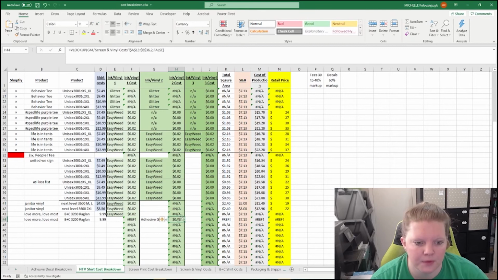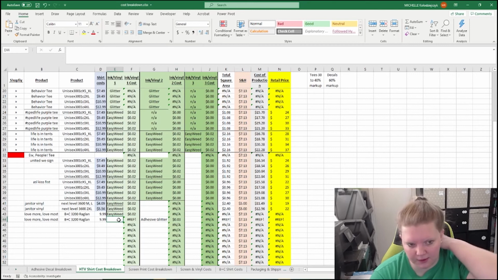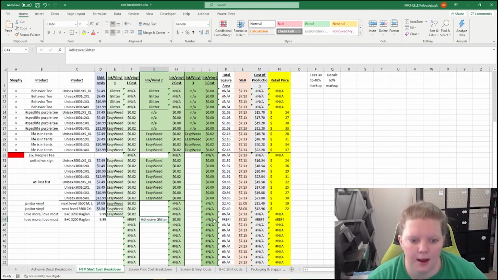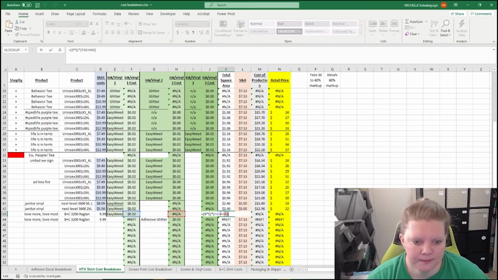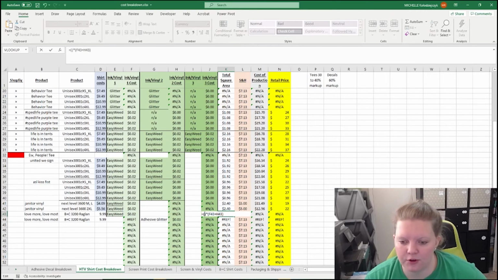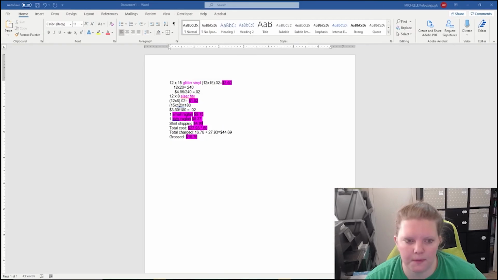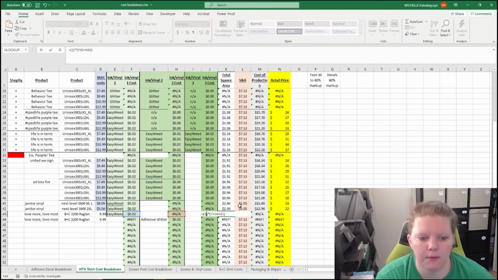Okay. All right, so this one doesn't have anything, but this is the red, this is the glitter. Now we can accurately find the total square inches. So the total square inches of the red, I'm actually using, I think, 12 by 8.